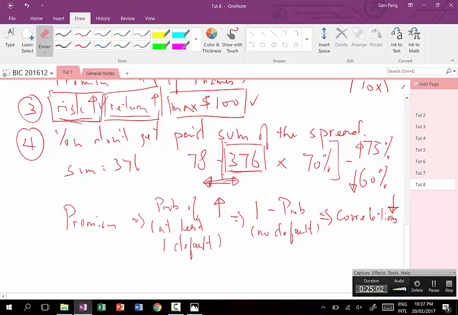So this one goes down, this one goes down, and this one goes up, and this one goes up. That's it. I think I have given you enough clues about how to handle this.